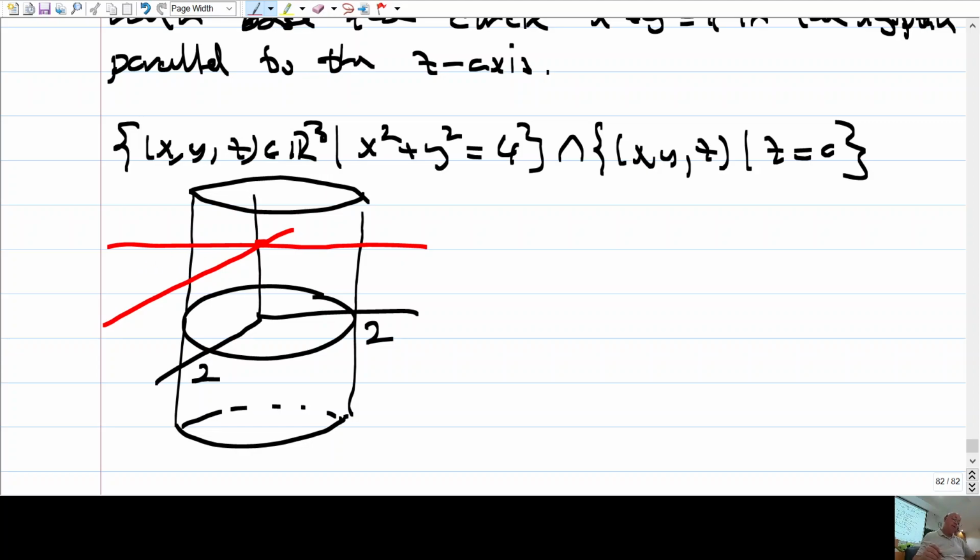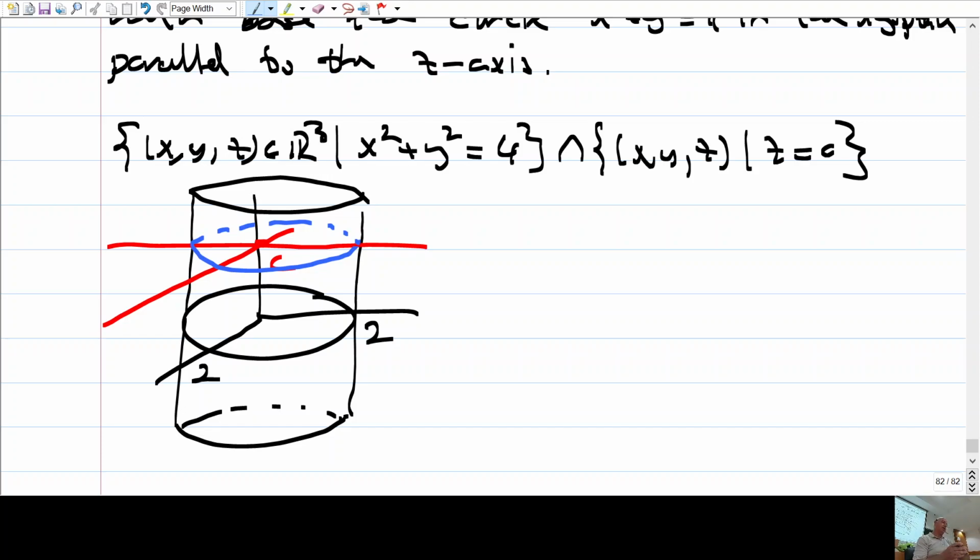When you cut this surface with this plane, at this point c, you will get x squared plus y squared equal to 4 and z coordinate is c. So you basically get just the same circle, right?